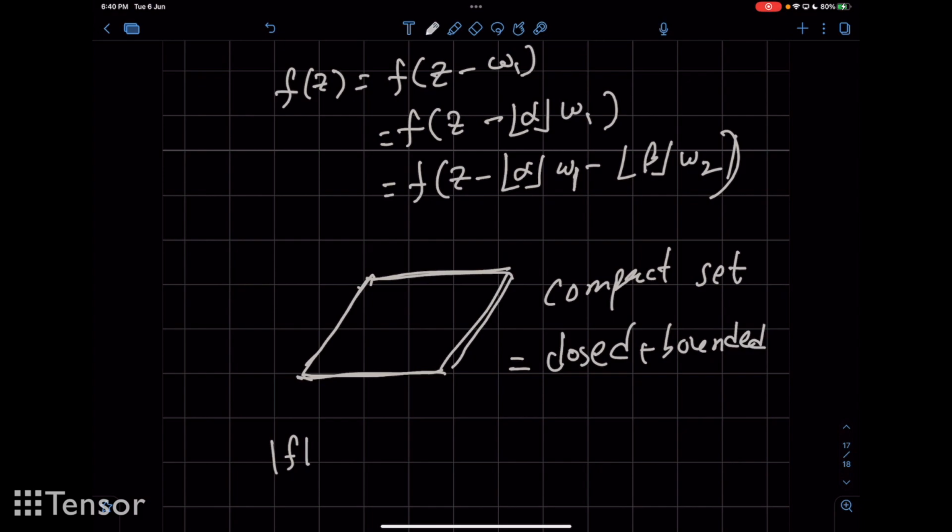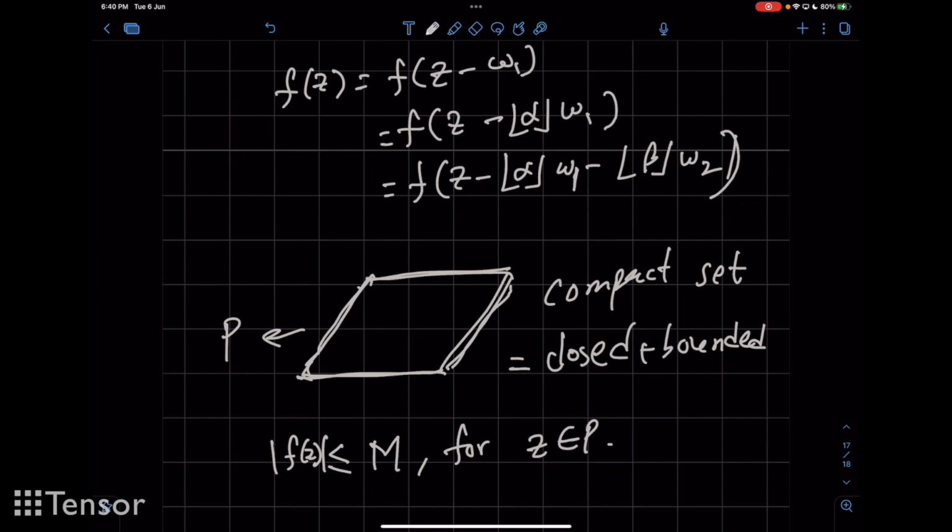Since this parallelogram is compact, we can say that this function is bounded. That is, the absolute value of f is bounded by some M. Let me call this parallelogram P. The absolute value of f of z is bounded by M for z in P.